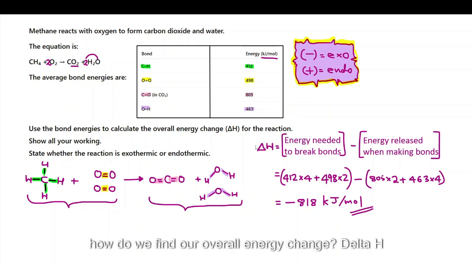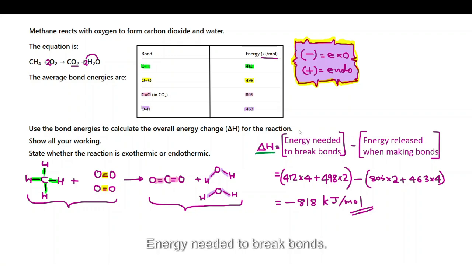So here's the idea. Now, how do we find our overall energy change delta H? Energy needed to break bonds, this one, from which you take away energy released when making bonds. Now, when you get a negative answer, that's because the bit that you took away is larger than the first number.